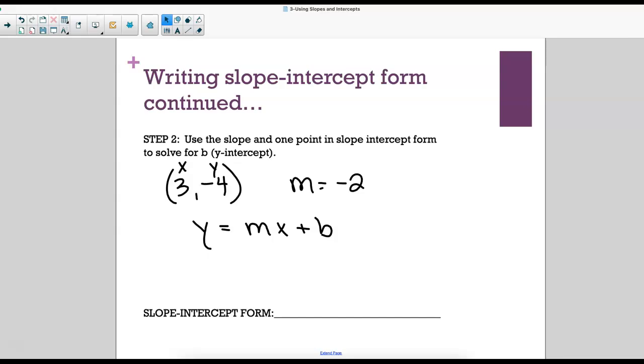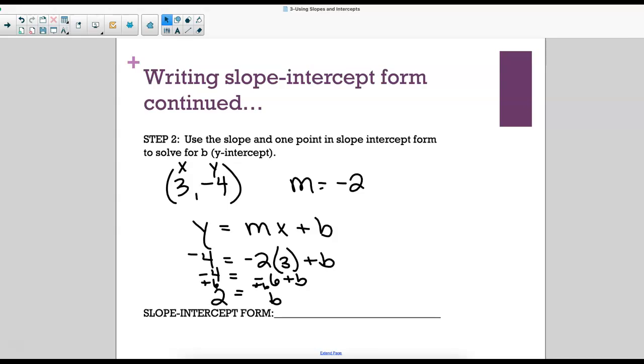Yeah, y is -4. Do I know m? -2. Do I know x? 3. Plus b. And we solve this. -2 times 3 is -6 plus b equals -4. We have to get b by itself, so we have to add 6. B equals 2.